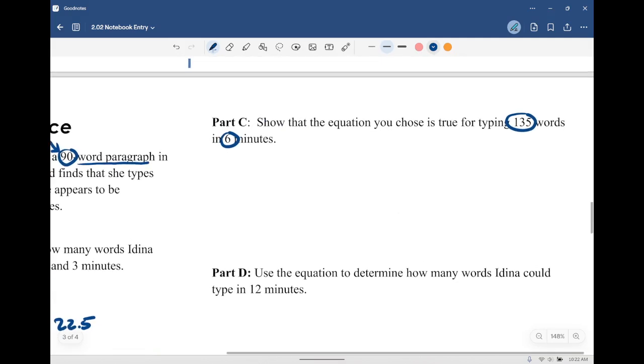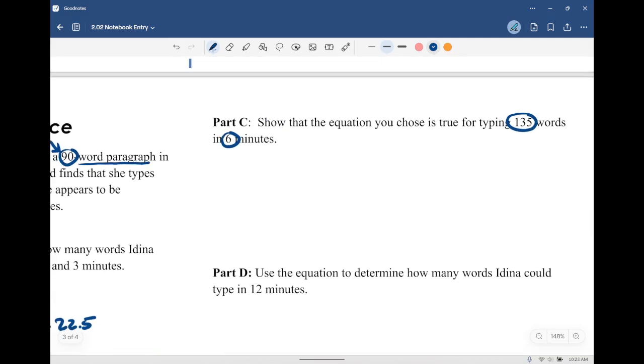And so, if we know that x is time and y is words, 135 is what variable? Janae? That's our y. So y is equal to 135, which means that for 6, this is what? X. X equals 6. All we're going to do, plug this in, right? We've practiced finding solutions before. Let's see if this works.